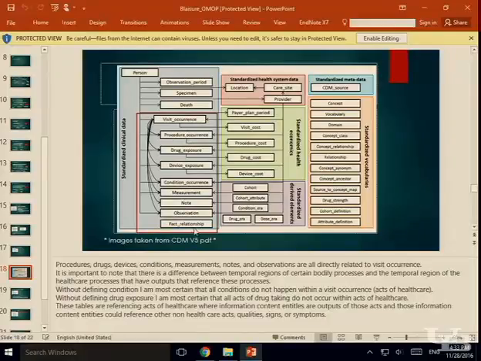So procedures, drugs, devices, conditions, measurements, notes, and observations are all directly linked to this table. I just want to note there's an important difference between temporal regions of bodily processes and the temporal regions of healthcare gathering.